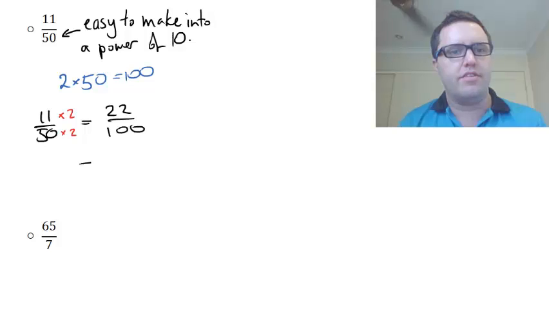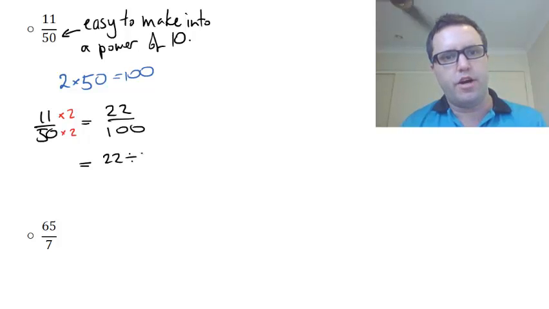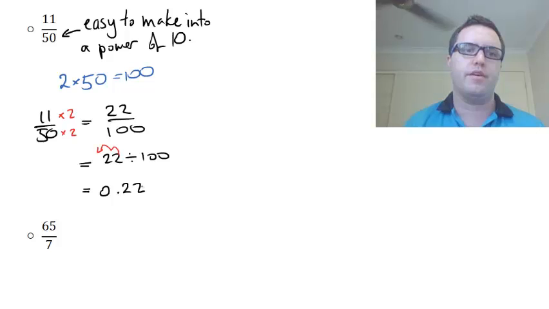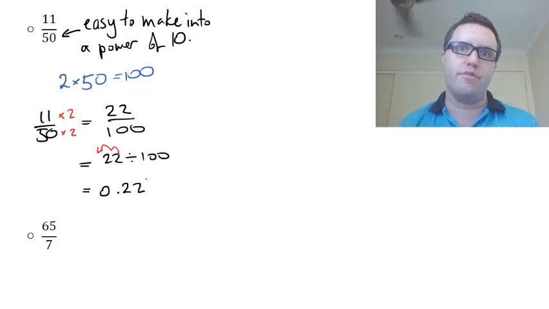And if that's the case, that's the same as 22 divided by 100, which, if I move my decimal point here, we're going to get 0.22. Okay, so that's the sort of the times we're going to find it pretty easy.